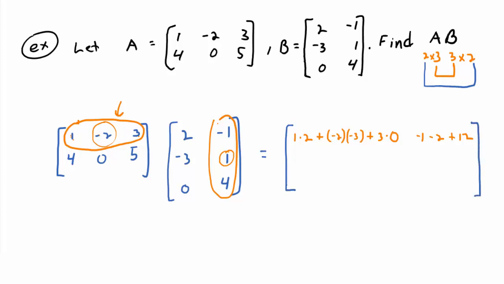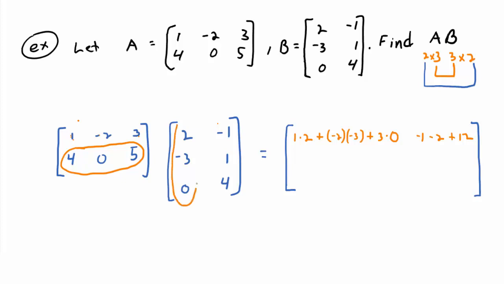Now, to get the lower left-hand entry, you're going to start over, but with the second row in the first matrix circled. So you're going to circle the 4, 0, 5, and then you get the second row in the product by doing the same process, only you multiply the second row in A times both columns in B. To get the lower left-hand entry, you multiply the second row in A times the first column in B. So what do you get individually? 4 times 2? 8.